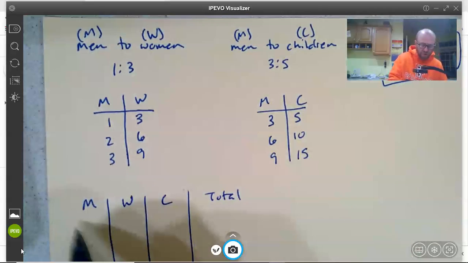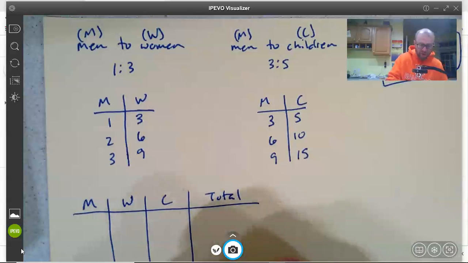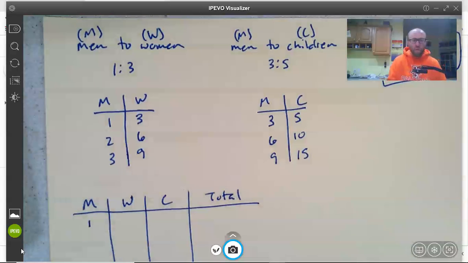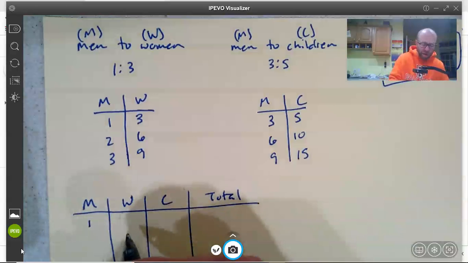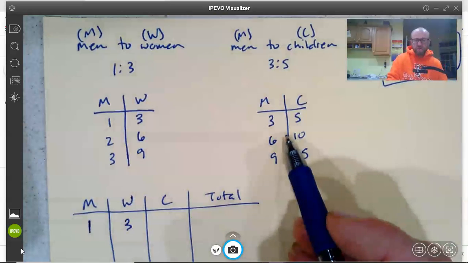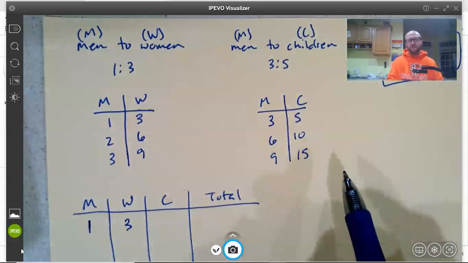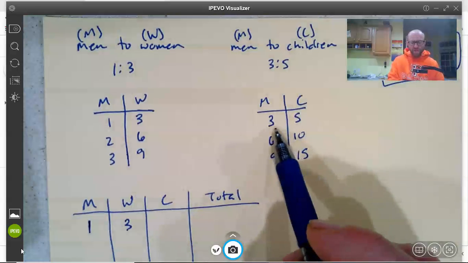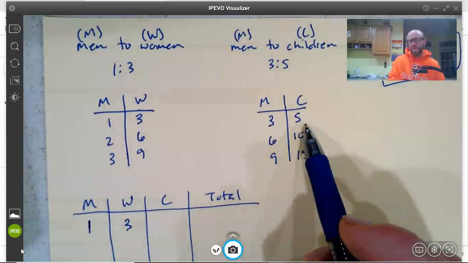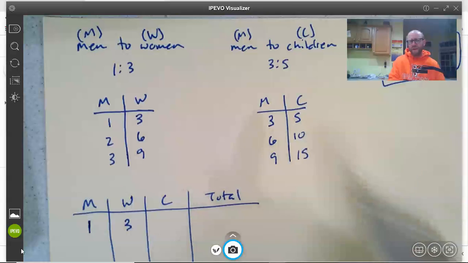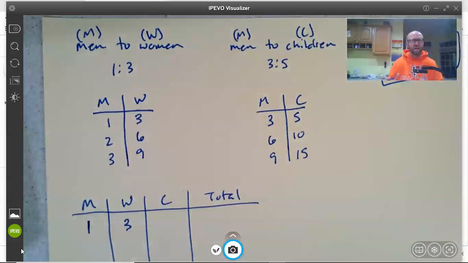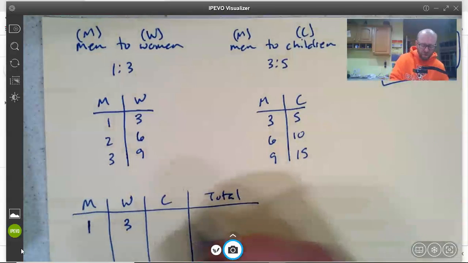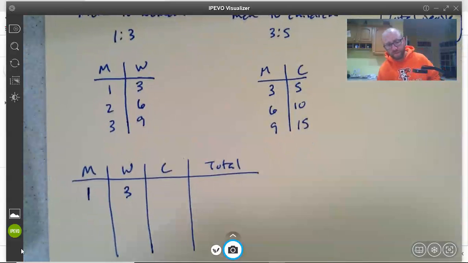If I guess 1 man, then I would have 3 women, but there's nothing on this table for children. If there's 3 men to 5 children, then 1 man to some fraction of a child doesn't really make sense. So we're just going to leave that blank for now.